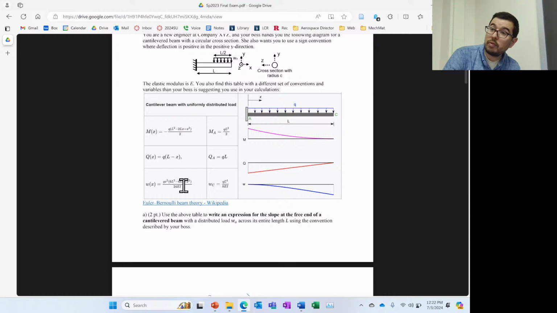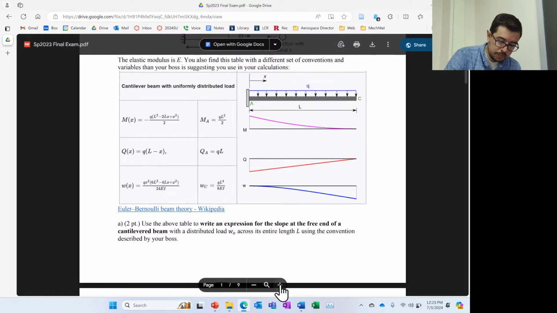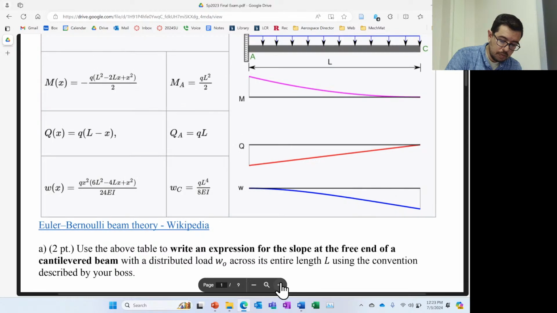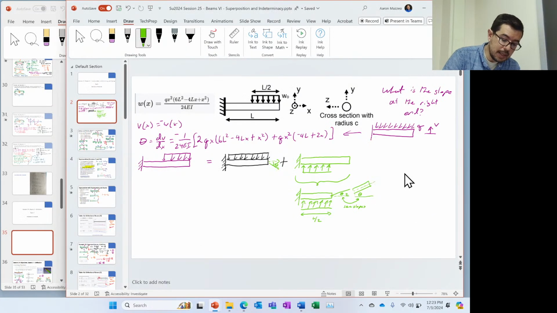So in order to figure out what the slope is, we have to use the derivative of this expression that's still a function of x. This is just a value at the end. So you'd use the same equation that you just derived previously and then plug in L over 2? Yeah, exactly.